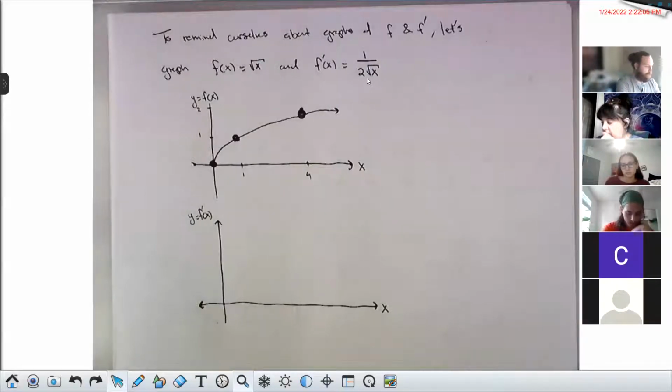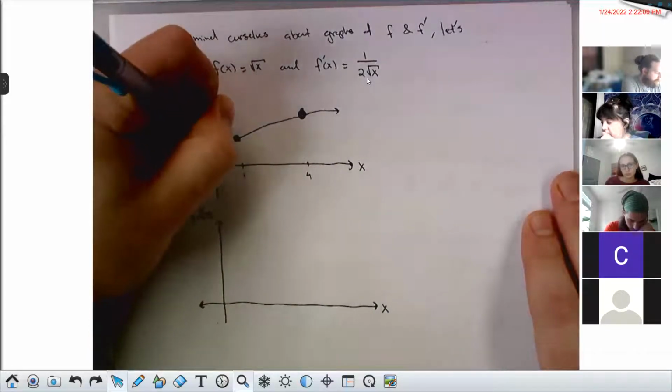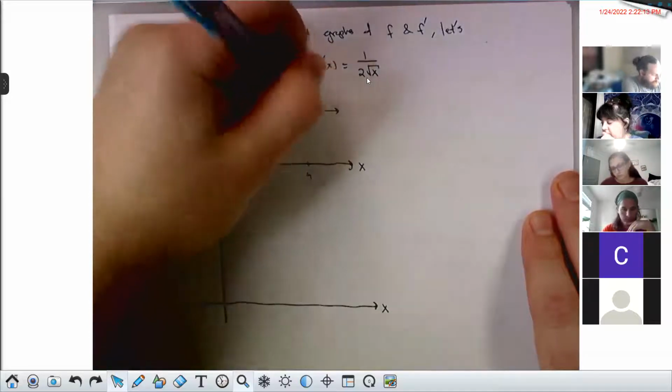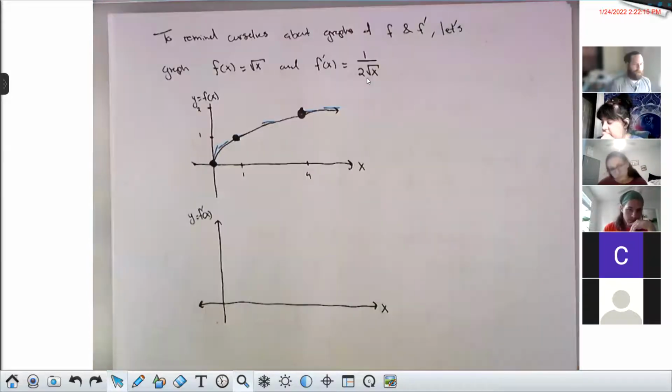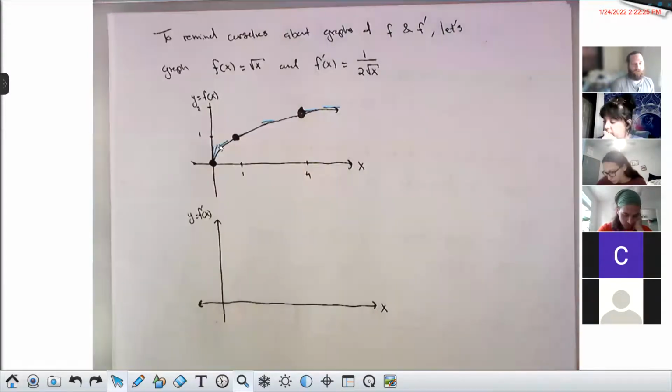But what I can do, remember, is think about some tangent slopes here. Close to the origin, the slope of this little blue line segment is quite steep. And the closer you get, the steeper it gets.